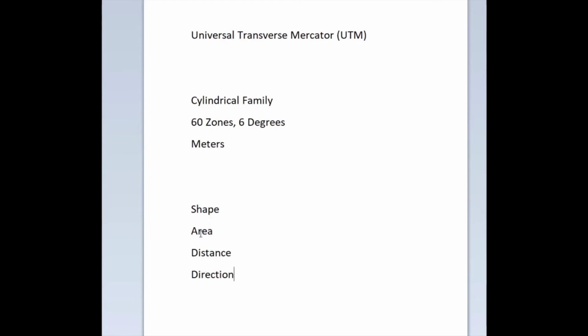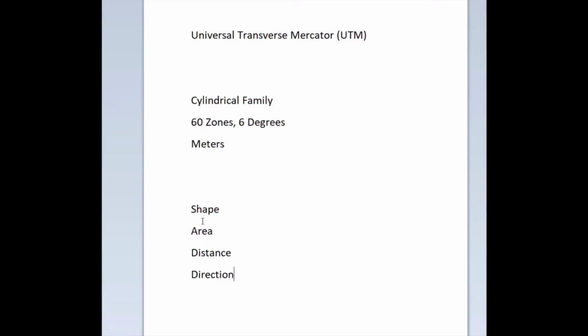And so what this means is that particular projection families will often preserve one of these really well. One of them it will be preserved acceptably, and the other two will be really bad.